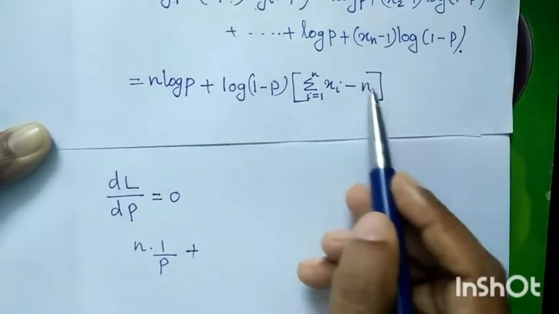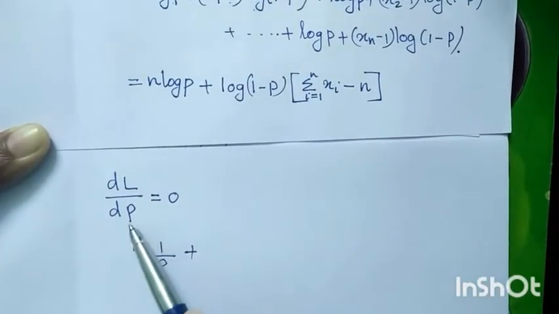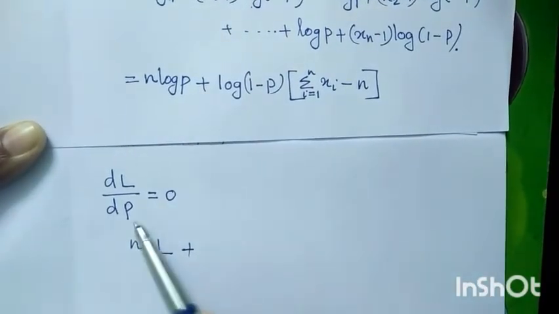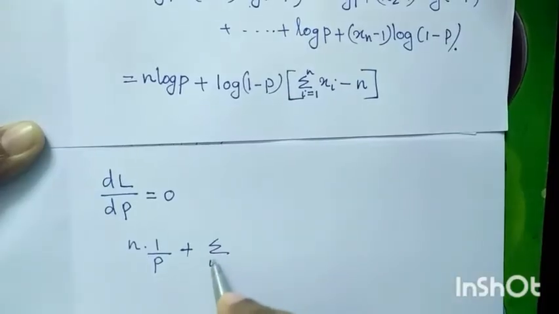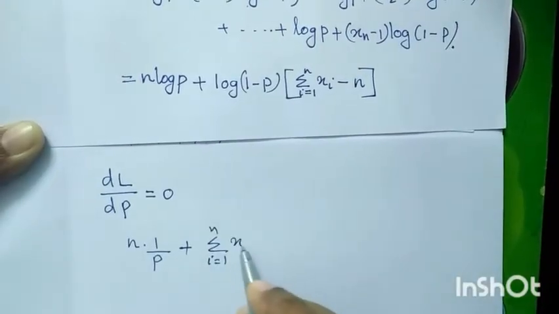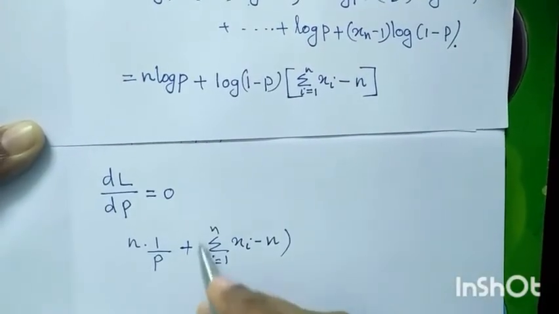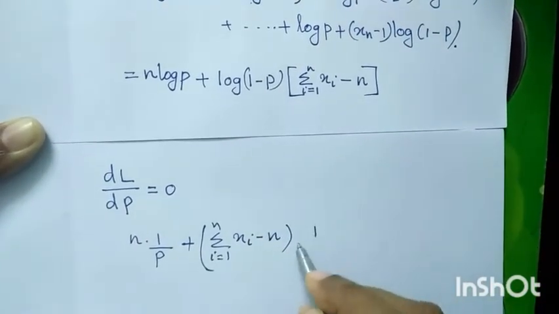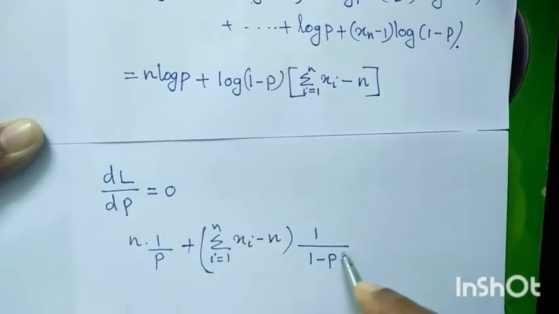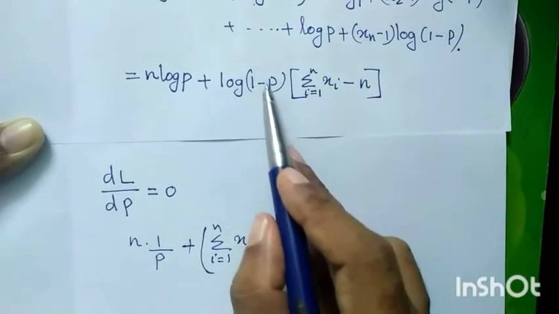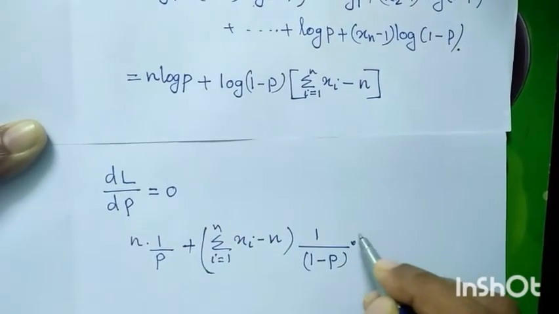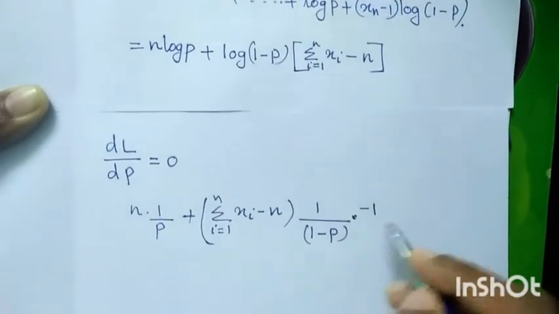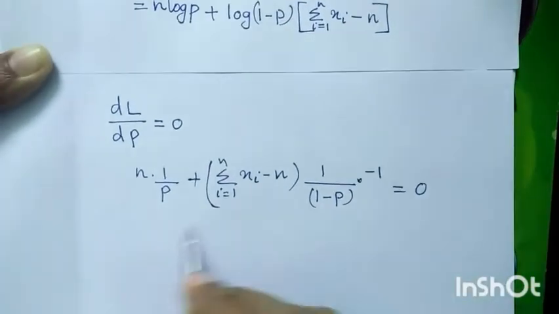Here this term is a constant, because we differentiate with respect to p. So we can write sigma i equal to 1 to n xi minus n into, now the differentiation of log 1 minus p, that is 1 by 1 minus p into, now the differentiation of 1 minus p, that is minus 1, is equal to 0.